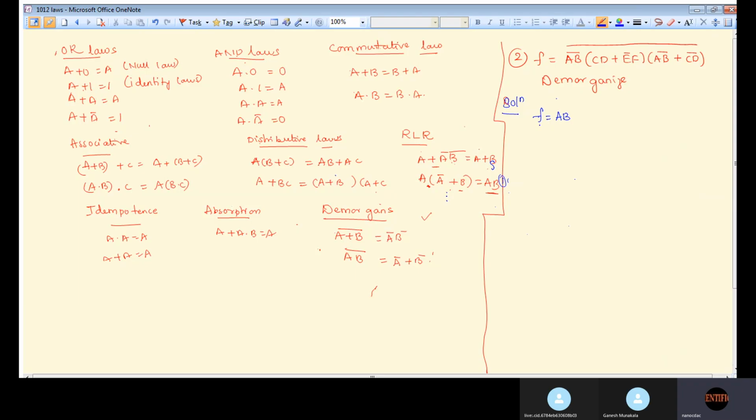I am applying it directly. I have taken the complement of F. Here a product term is there, so I am replacing that product term and inside simply writing CD plus E bar F whole bar, plus AB bar whole bar, plus CD bar whole bar.